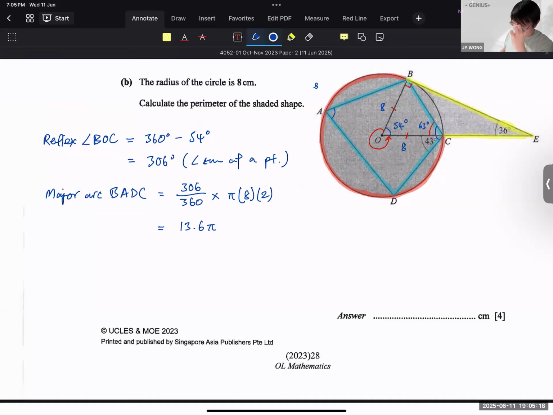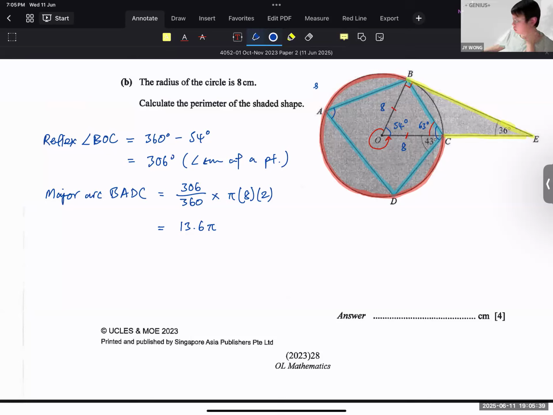Okay, so I have the major arc. Then I need to find the straight line BE first. For BE, I have OB, which is 8, so that is your tangent because opposite and adjacent. Alternatively, you can use your 36 degrees.